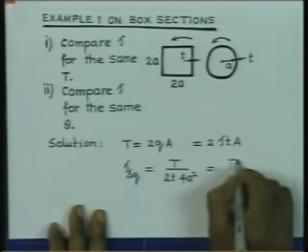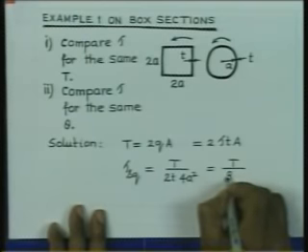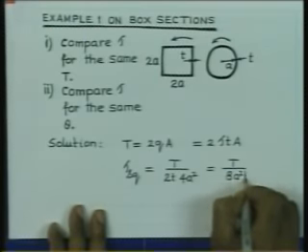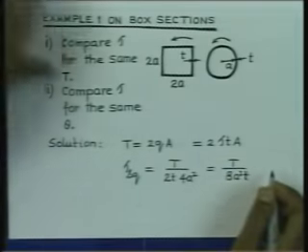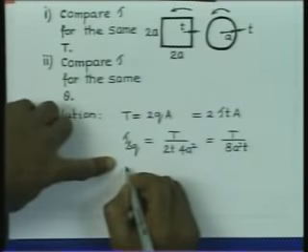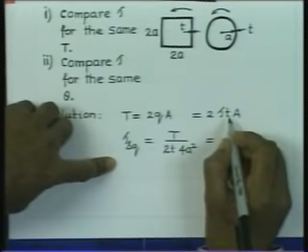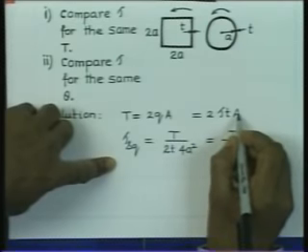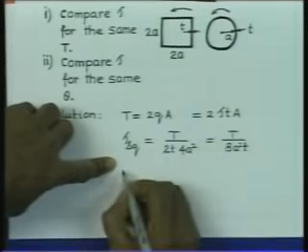So, it is going to be T by 8 A square into T. If you consider now the circular cross section, then again T is the thickness and the area is going to be pi A square.